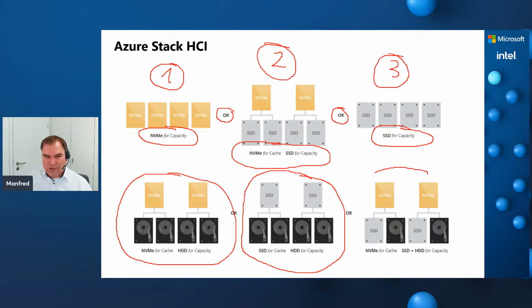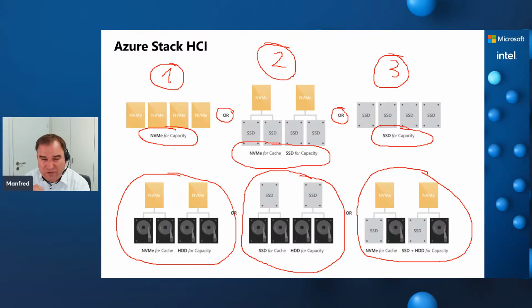And the last option is a multi-tier configuration. Here, the NVMEs will be used for caching, and the SSDs and the hard disk drives will provide hybrid disks for the capacity layer. The last option is the most complex configuration. It's the most flexible configuration.